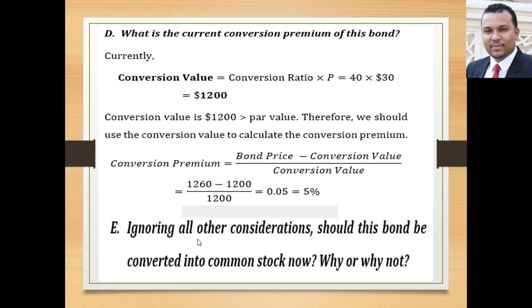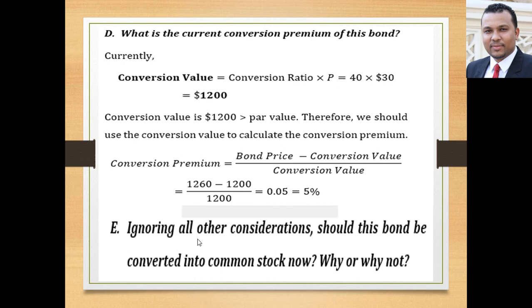The current market price now in year number 3, $30, is greater than the conversion price, $25. So the current conversion value, $1,200, is greater than the bond's par value, $1,000.